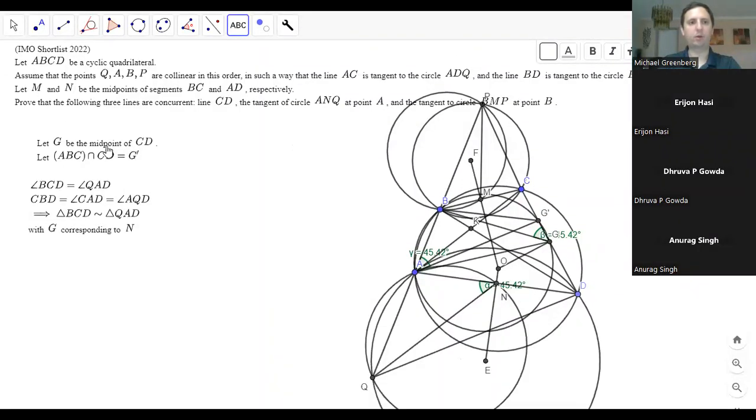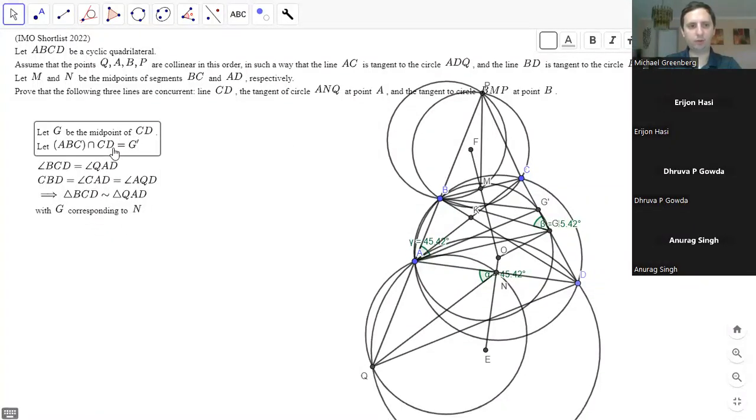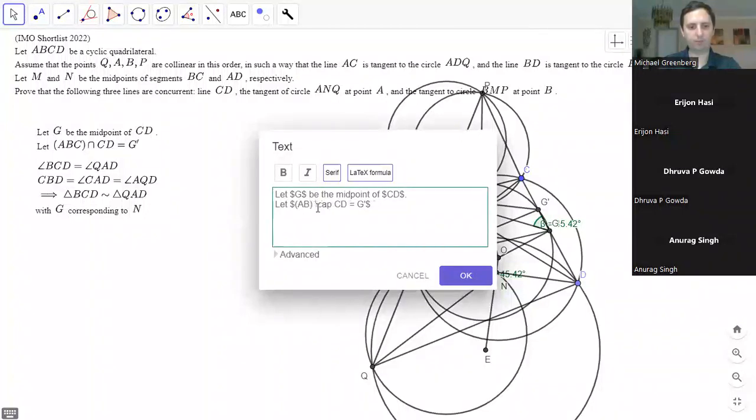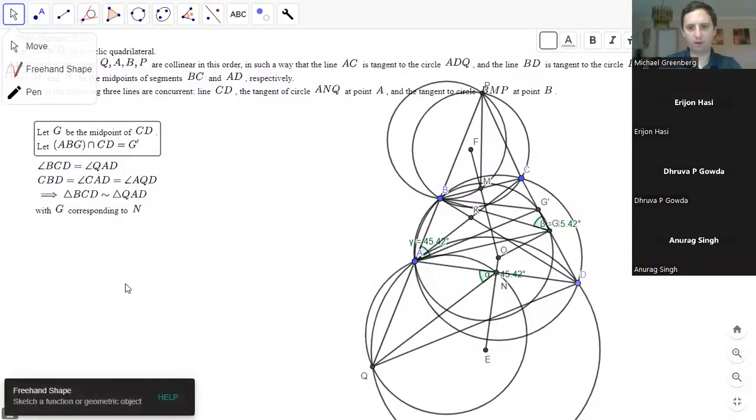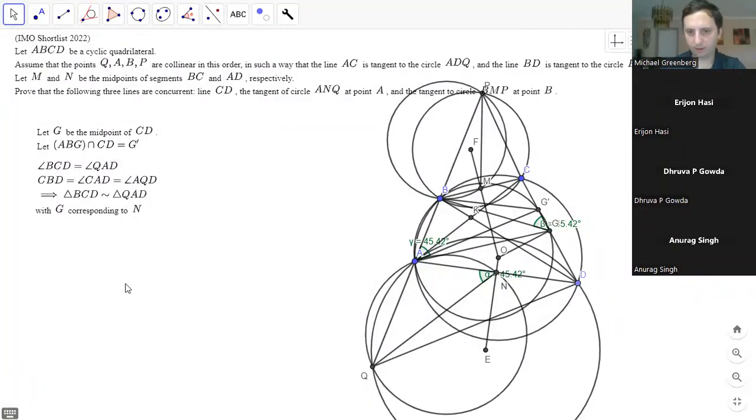So G is the midpoint of CD, and the circle ABG should intersect that at G prime. And then first we have this, so that means that angle GNA is BGC. So I'll write that down.